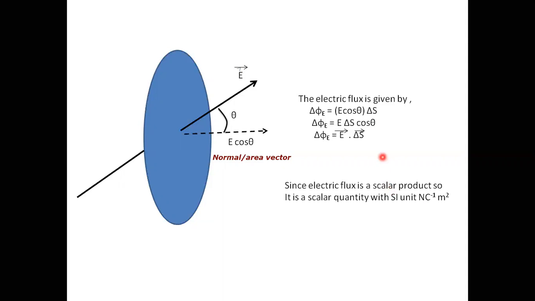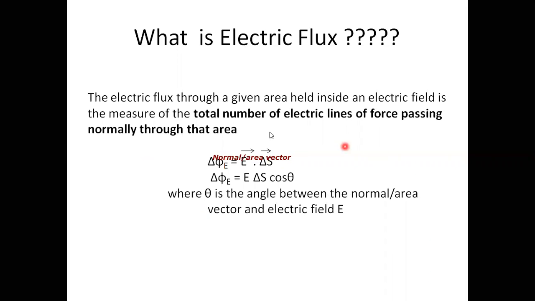All right. Now, if it is asked what is electric flux, you are going to mention it in very simple terms: it is the total number of field lines passing normally. So this part is very important. You don't need any number of field lines; you have to find those field lines which are passing normally through any surface.